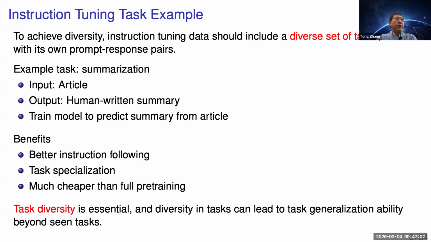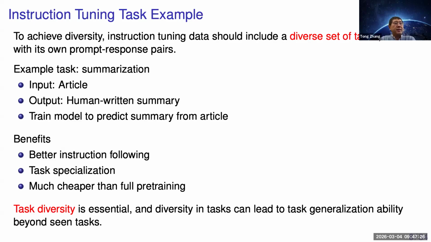Task diversity is pretty essential. This is where the diversity actually comes from, mostly from tasks. Of course, within tasks you can also have prompt-response diversity, but task diversity is pretty much what we need to control. Once you have diverse tasks, this is where you can lead to task generalization.